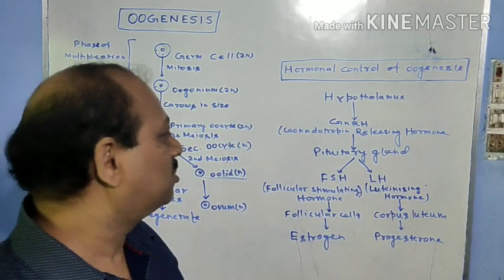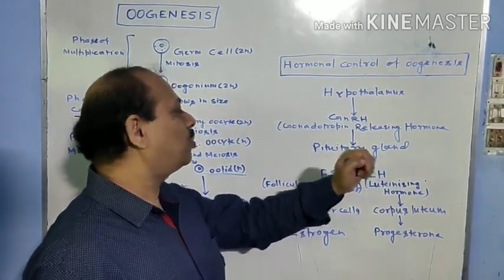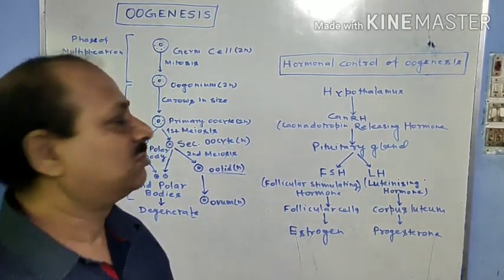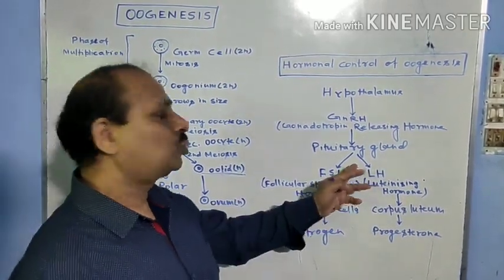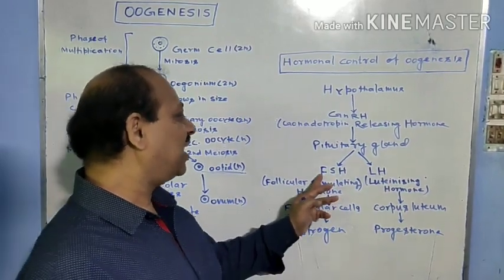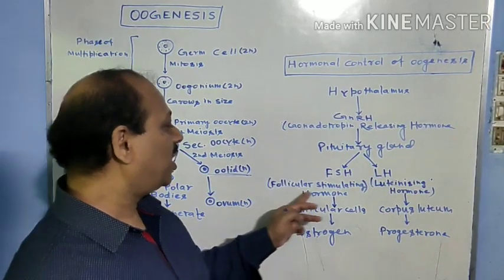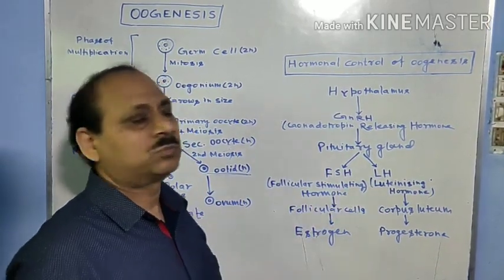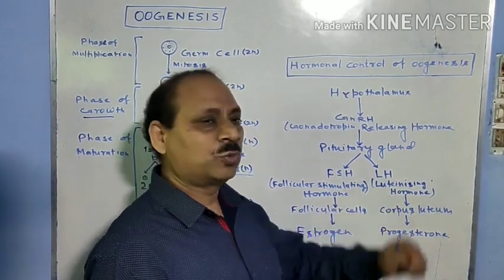This hormone stimulates the anterior lobe of the pituitary gland. It is also known as the master gland, and it secretes 2 hormones, FSH and LH. FSH means follicle stimulating hormone, and LH means luteinizing hormone.